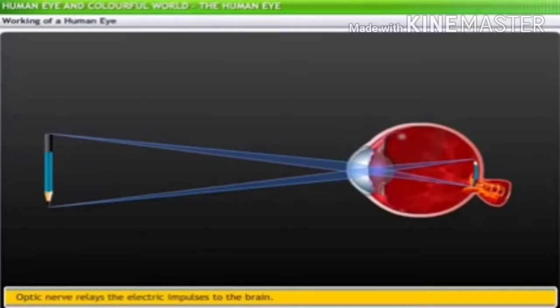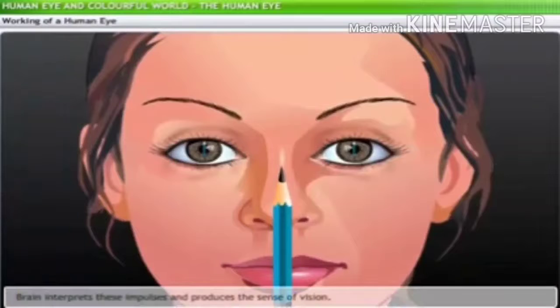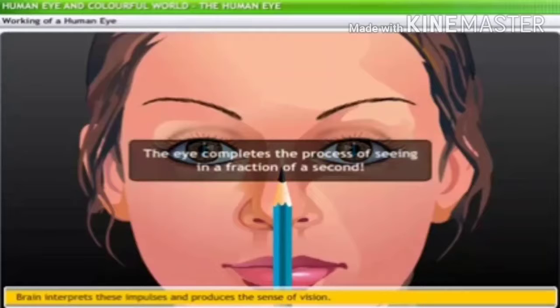These impulses indicate the brightness and color of the image to the brain. The brain interprets these impulses and produces the sense of vision. Sounds like a long process, doesn't it? The amazing thing is that the eye completes this process in a fraction of a second, enabling us to see.